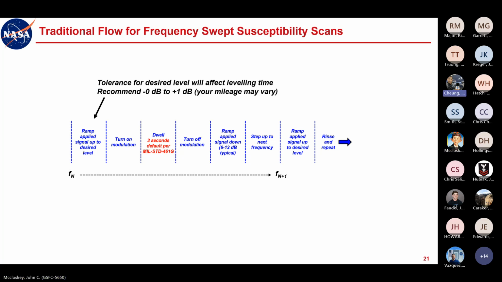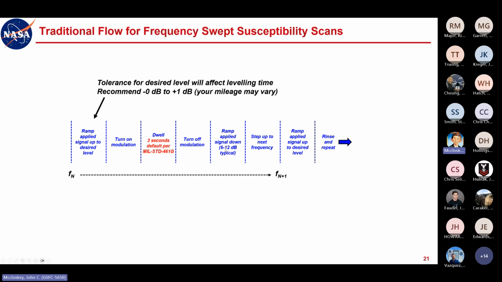And then I'm just emphasizing the point here, the amount to which you reduce the signal before stepping up to the next frequency, that's also going to affect your time. Right? The further down in level you go, the longer it's going to take to bring it back up. But this is basically for safety.